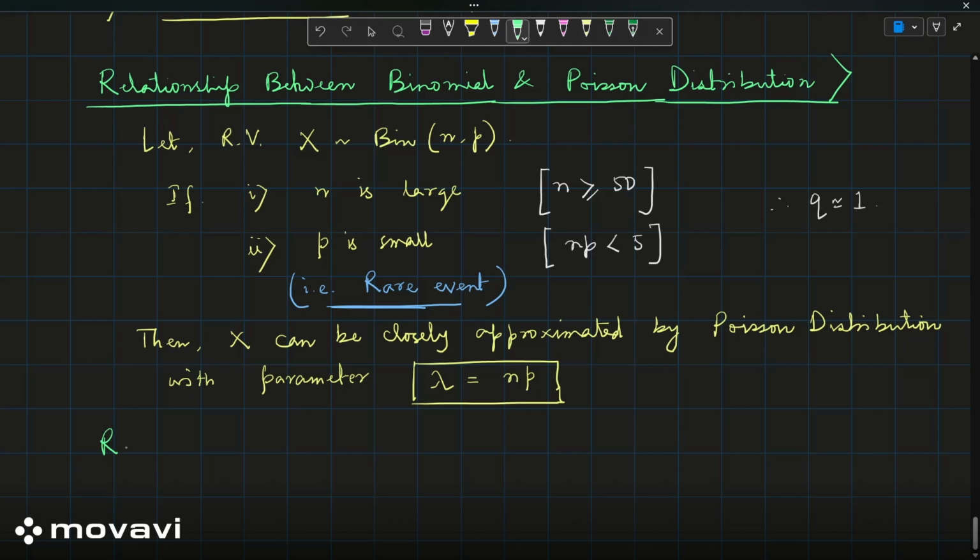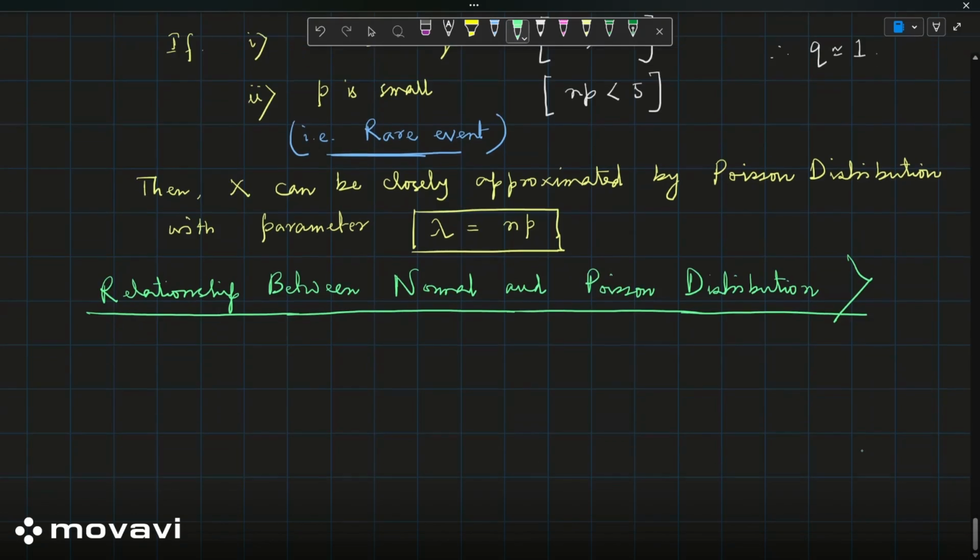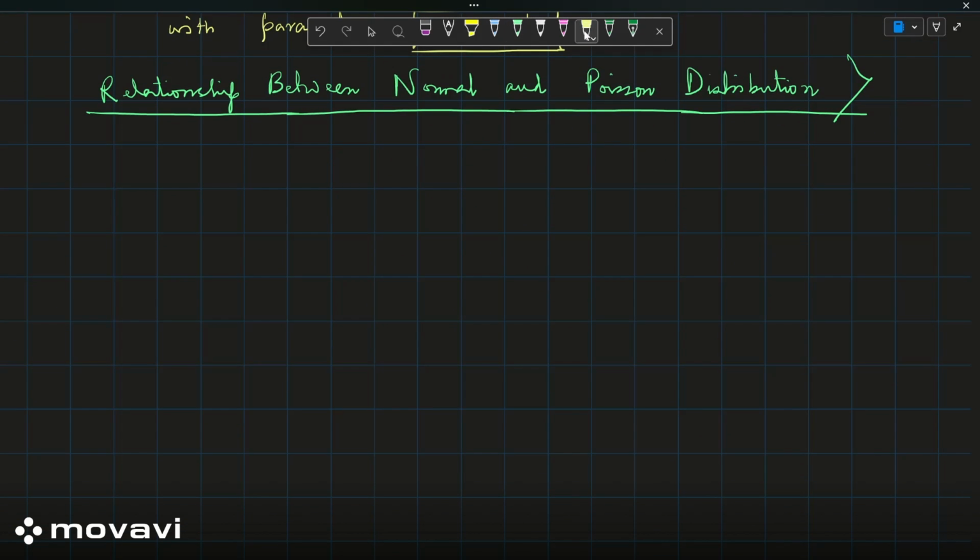Next, we will see the relationship between normal distribution and Poisson distribution. Let us assume that random variable X follows Poisson with parameter lambda, then (X minus lambda) by root over lambda is the standardized Poisson.